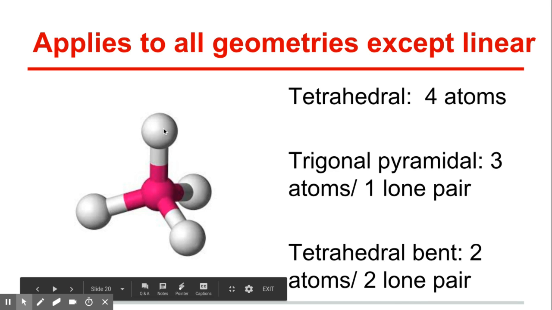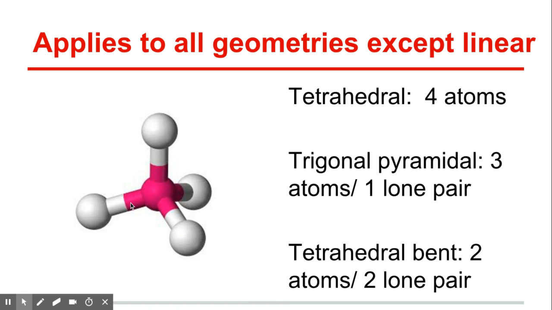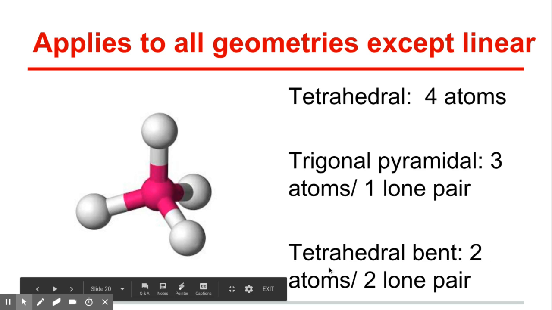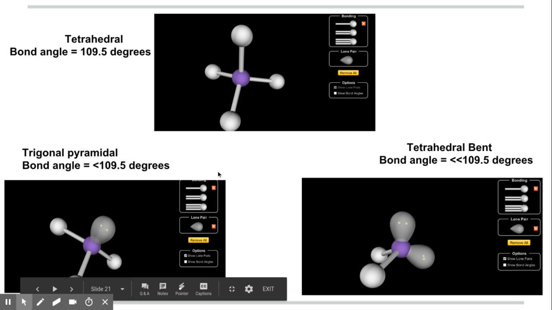Next, we have tetrahedral. Tetrahedral has 4 atoms, 4 bonding pairs. If we remove a bonding pair and replace it with a lone pair, we get trigonal pyramidal. If we replace another bond, so that we have a total of 2 atoms and 2 lone pairs, then we get what's called tetrahedral bent. So here you go.